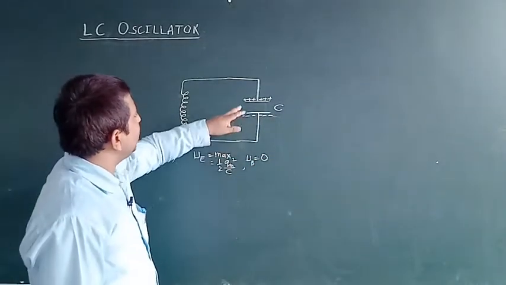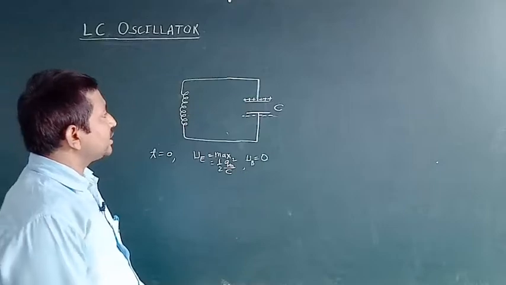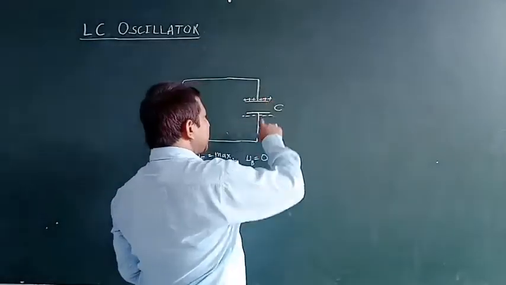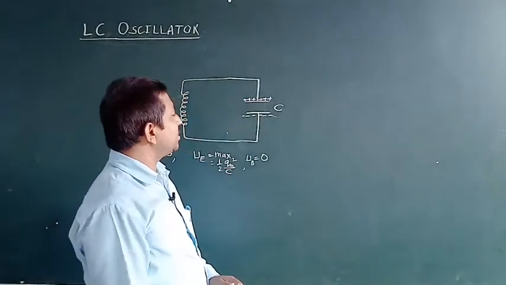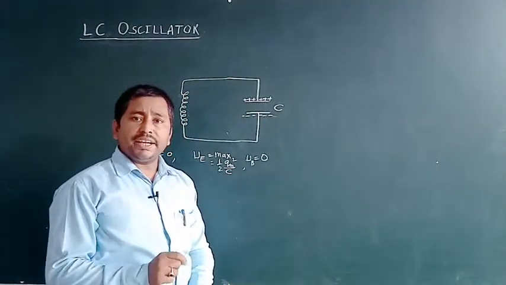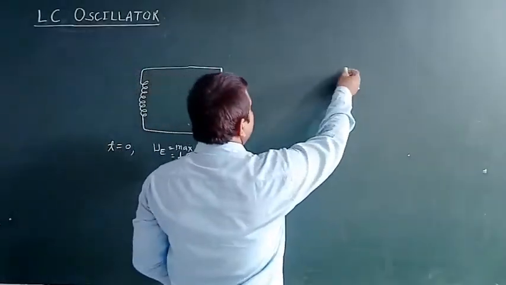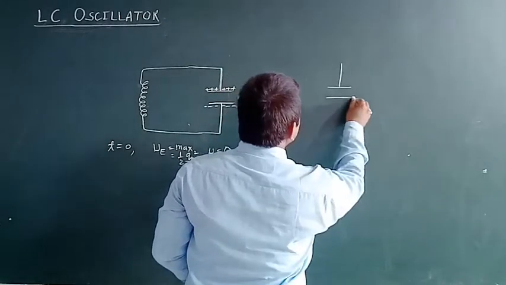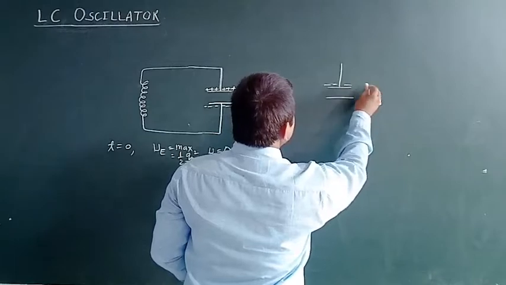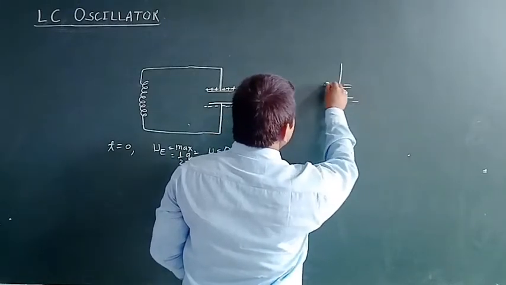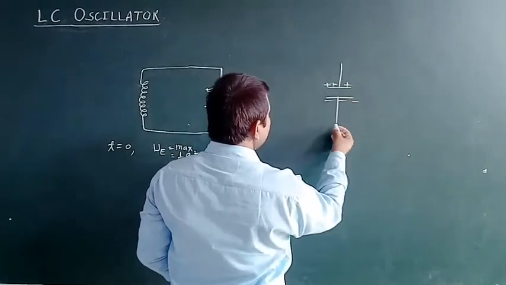Now when the current is allowed to pass through the inductor, the capacitor discharges continuously, and suppose that after t equal to T by 8, the capacitor remains with some less amount of charge than its initial value.